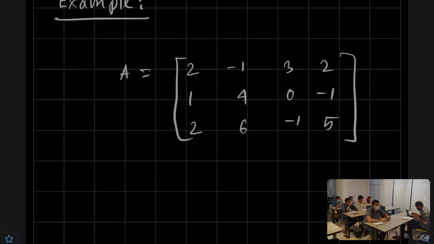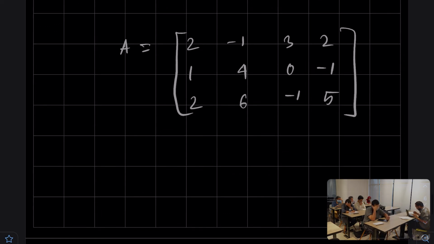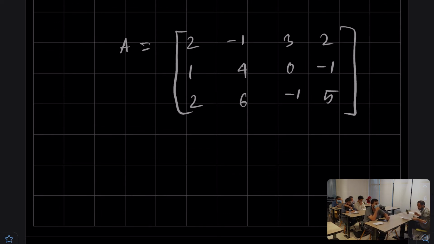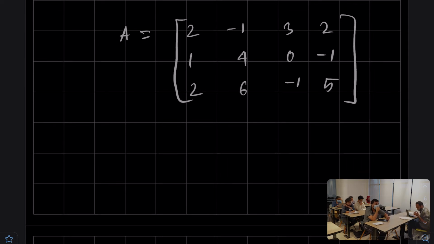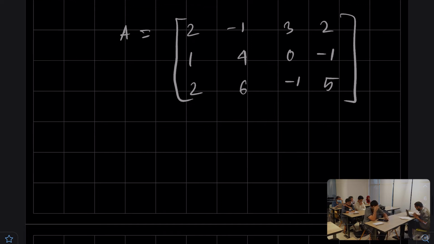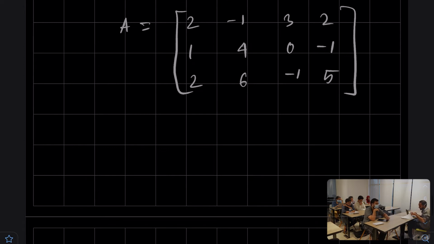This is a 3 cross 4 matrix, right? So let us first apply elementary row operations to this matrix, right? So first let us consider the elementary row operation.